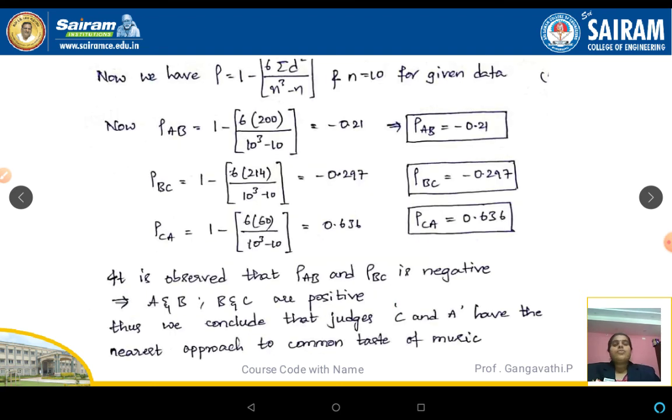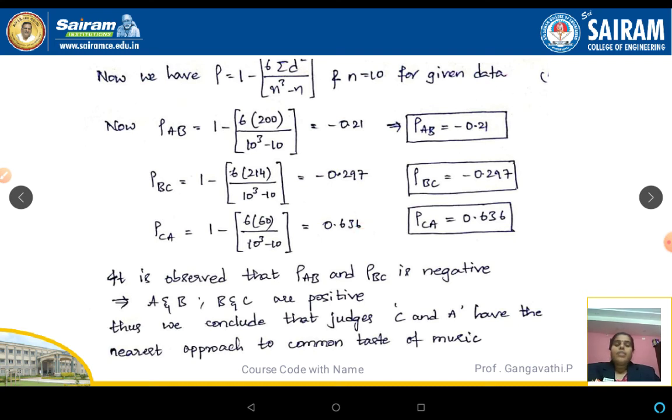So it has asked us to find the rank correlation of AB, BC, and CA. Evaluating all that, entering the suitable values, we get rho AB as minus 0.21, rho BC as minus 0.297, and rho CA as 0.636.